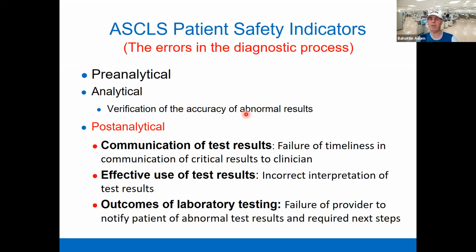But for glucose, if you obtain a blood glucose level of 600, you have to call the physician of the patient immediately.